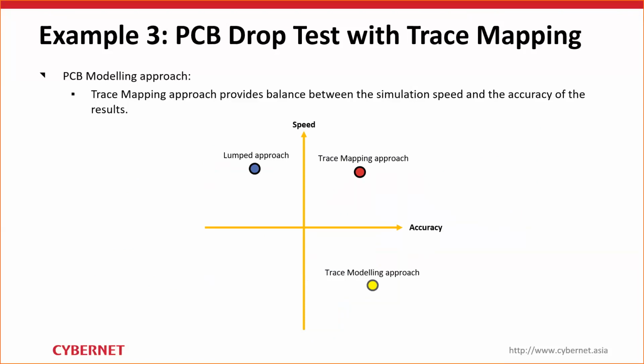Therefore, the result that we get might not be as accurate as we wanted it to be. And therefore, the trace mapping approach sits somewhere between those two, offering the benefits of both high speed and high accuracy ways or method to model a PCB. So actually, this particular example is going to highlight that particular technology of Ansys.